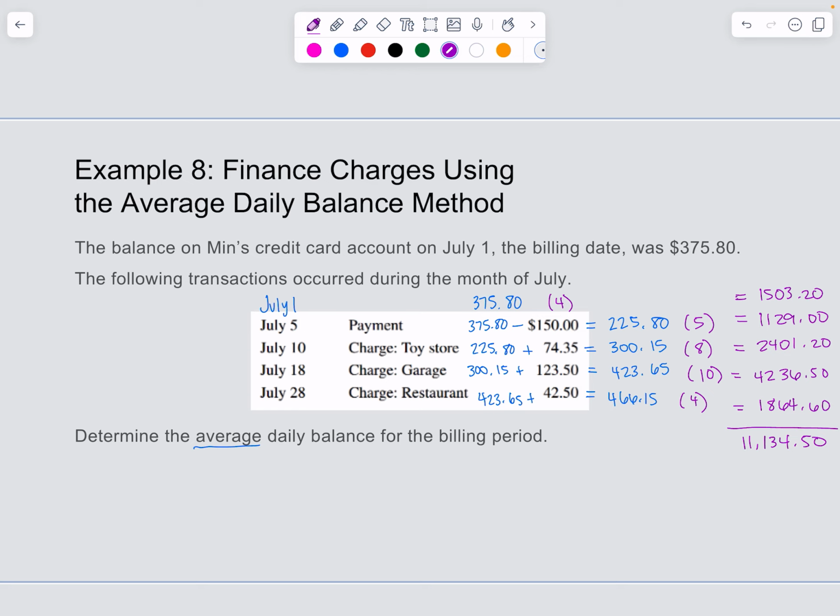And we divide by how many days? In this case, July has 31 days, so we divide it by 31. So we get the average daily balance of $359.18.